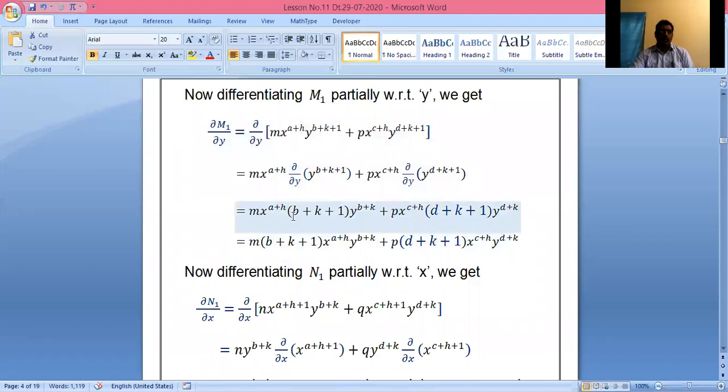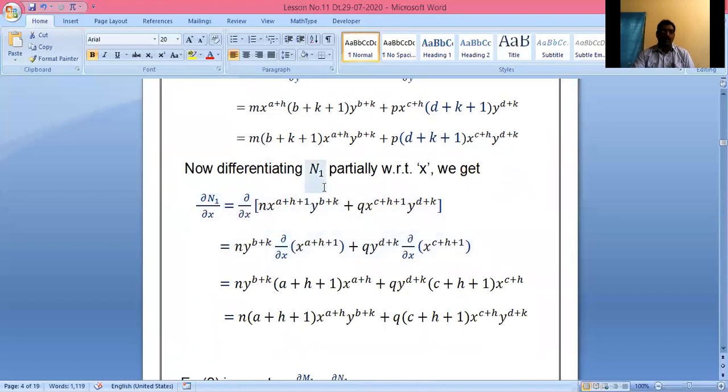That is equal to m (b+k+1) x^(a+h) y^(b+k) plus p (d+k+1) x^(c+h) y^(d+k).